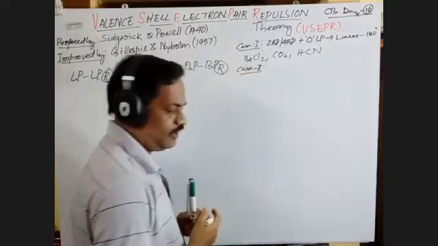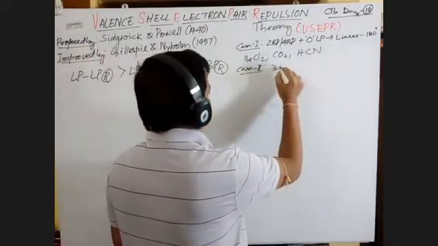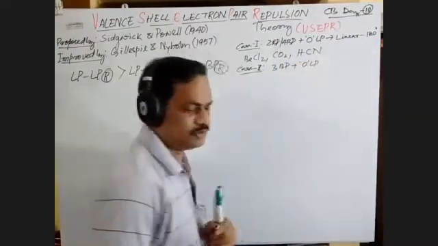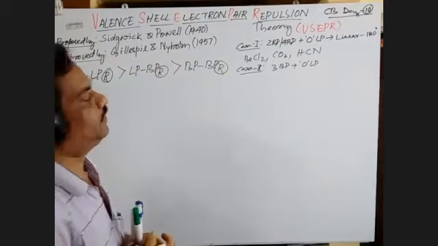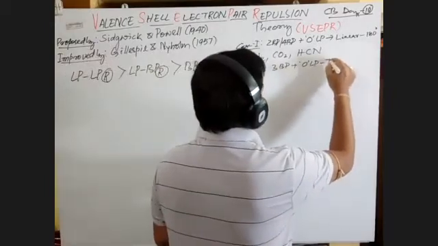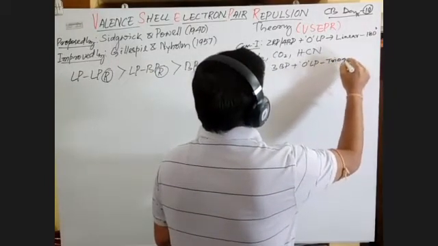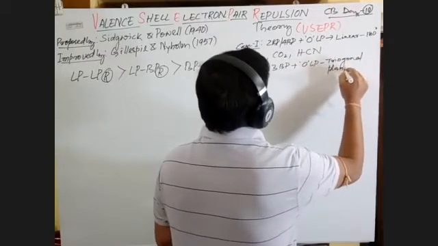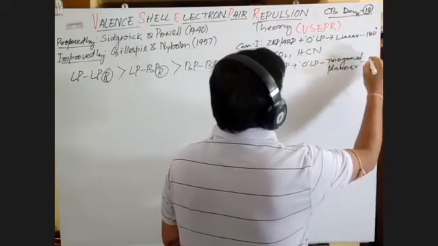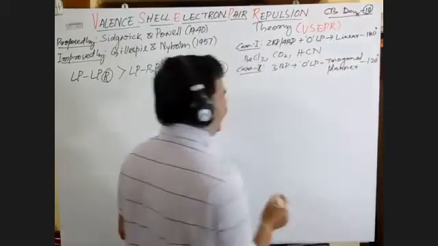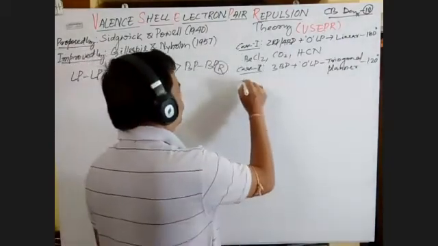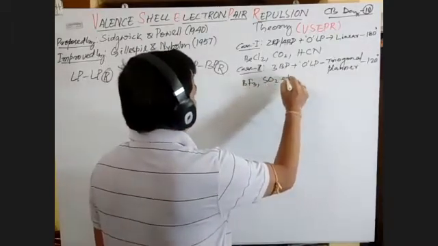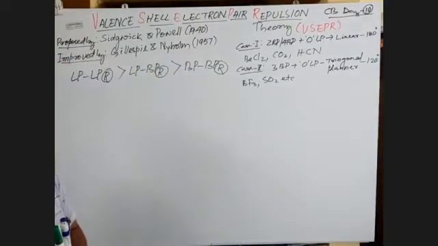If there are three bonded pairs of electrons with zero lone pairs on the central atom, the shape will be trigonal planar with a bond angle of 120 degrees, which happens in boron trifluoride and sulfur dioxide. These are the examples.